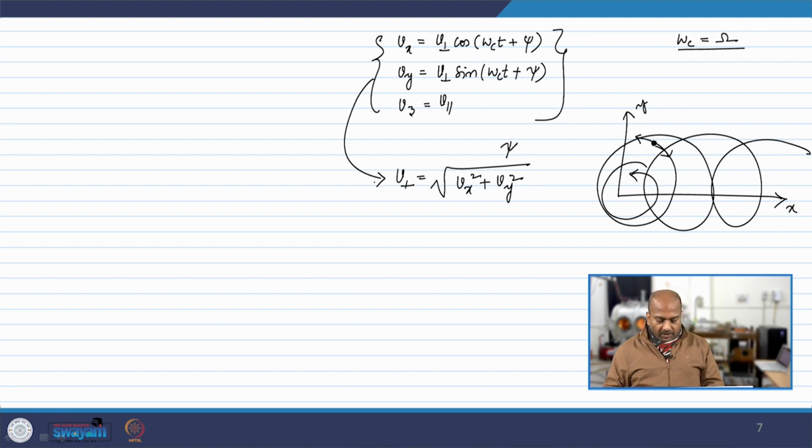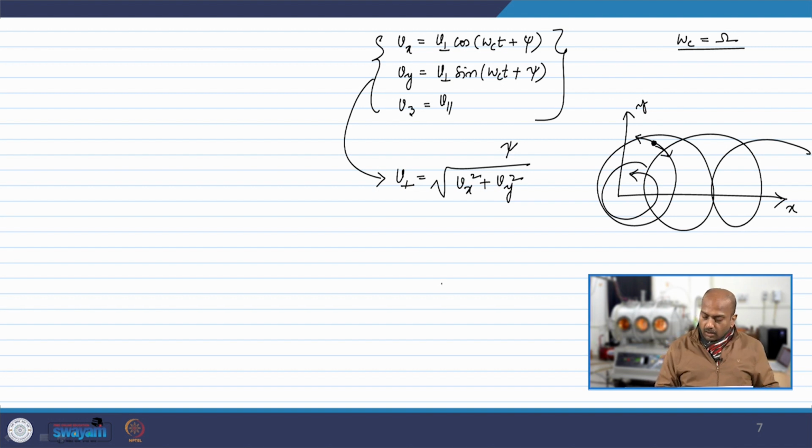Now in order to appreciate these equations of motion, we can draw the trajectory and then we can realize how easily it represents, right. Now let us say the particle is rotating in a circular motion. We take the magnetic field to be going into the page, and the particle is rotating in a circular plane.